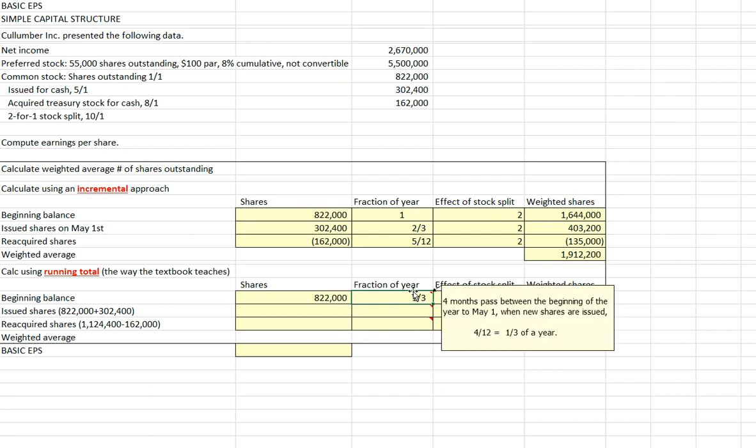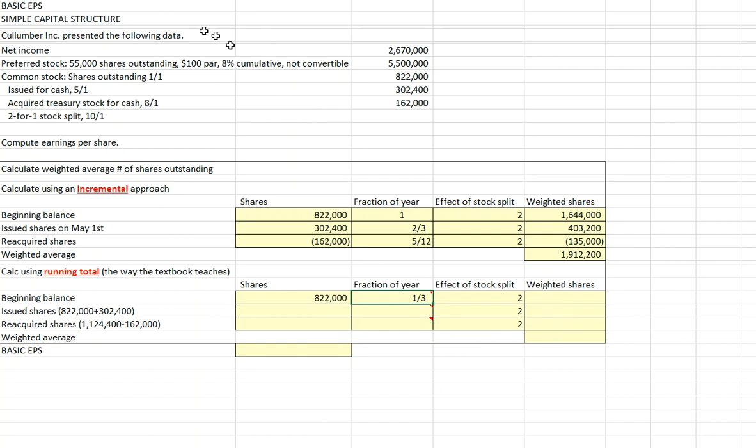Next, we're going to calculate our weighted shares. We'll take the 822, multiply it by 1/3, multiply it by 2, and we get 548,000 shares outstanding. In our calculation, it's showing here as 4/12, which is 1/3 of the year.